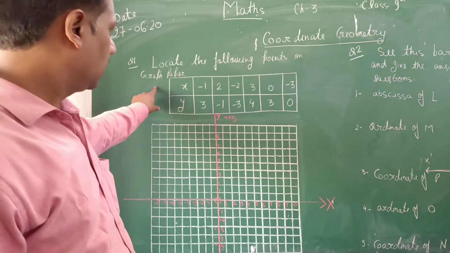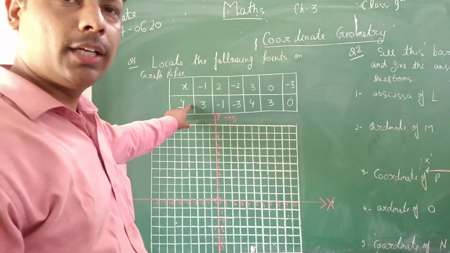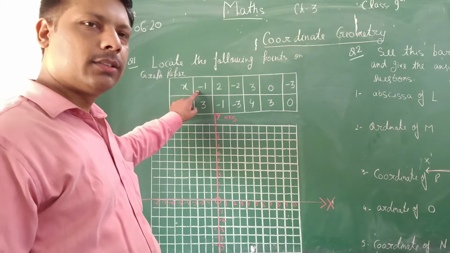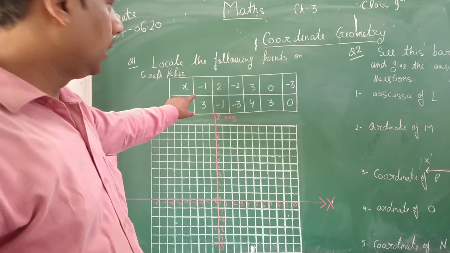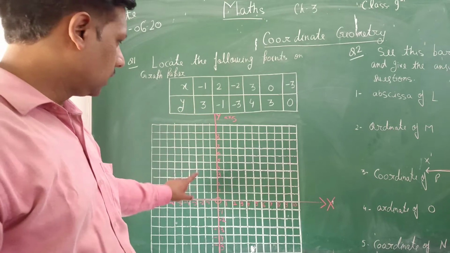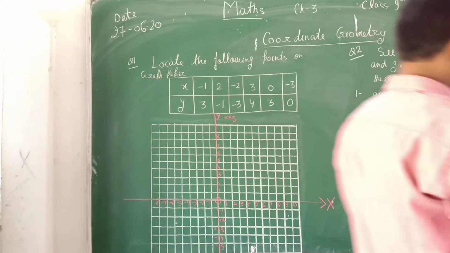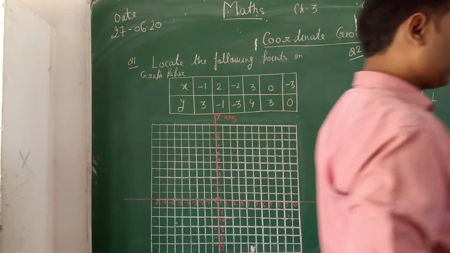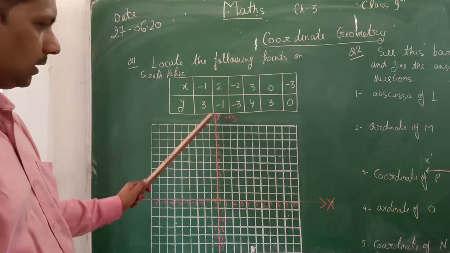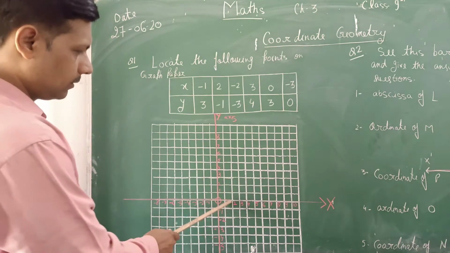Question number 1. Locate the following points on graph paper. Here you are seeing a table in which x and y coordinates are given. The first coordinate is (-1, 3). This is the graph paper, with the x-axis and y-axis. This is the origin point.